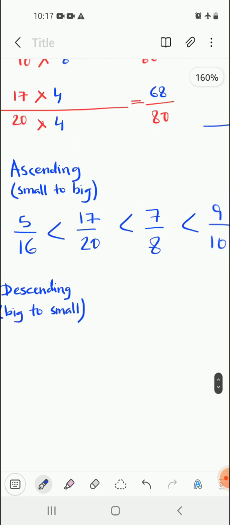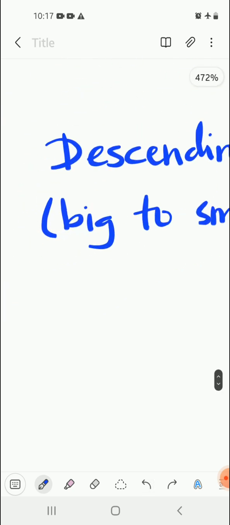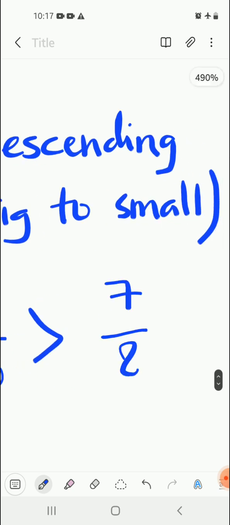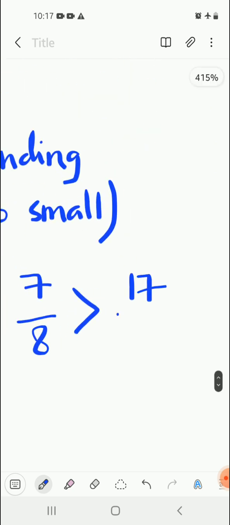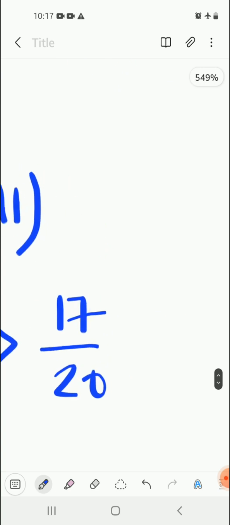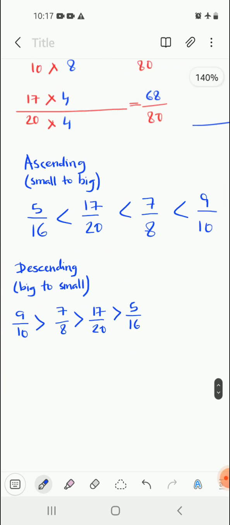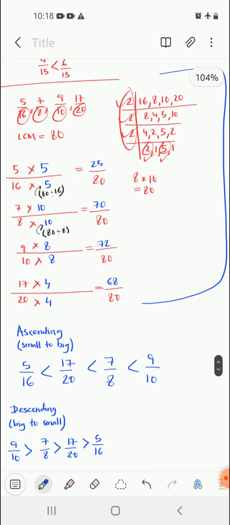So my bigger fraction over here is 9 by 10, then 7 by 8. Since we are arranging in descending order, so you can see the signs are reversing. Then 17 by 20 and finally 5 by 16. That's it.